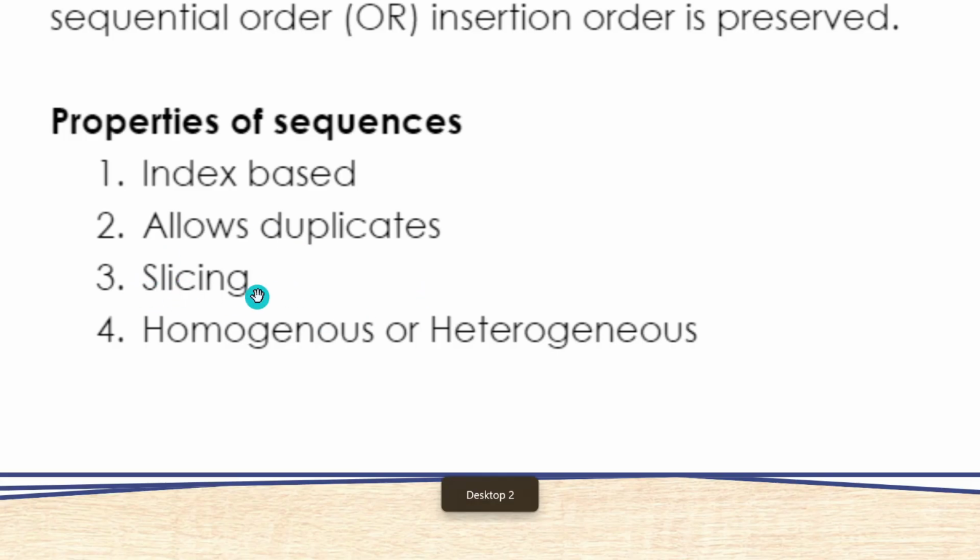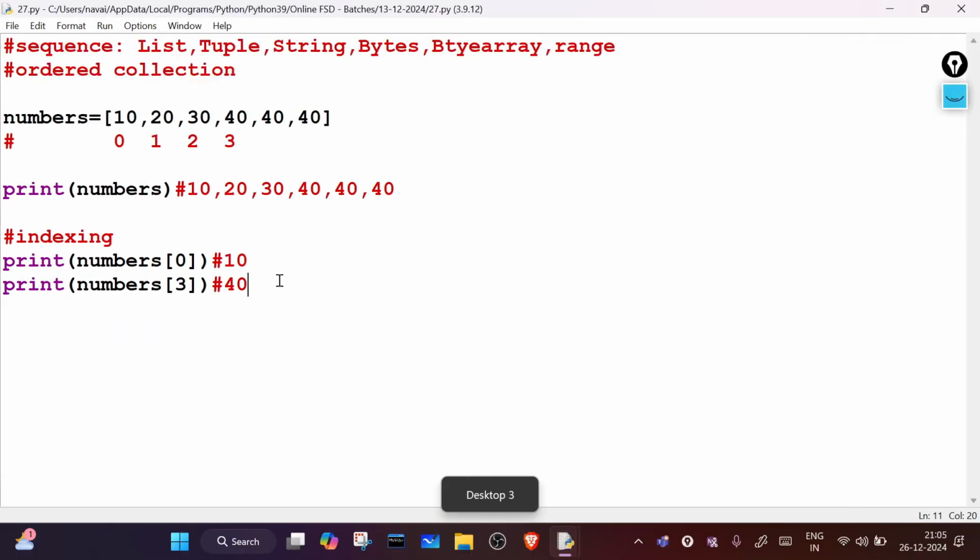And after that we have slicing. What's the meaning of slicing? Slicing means cutting the data into pieces.